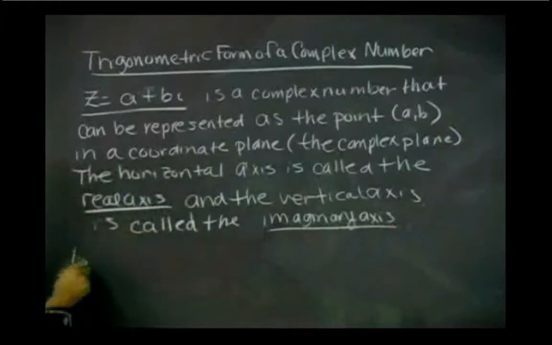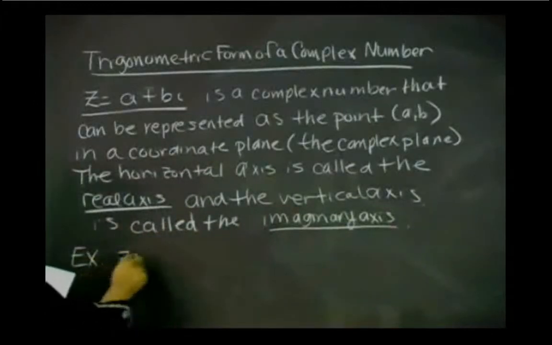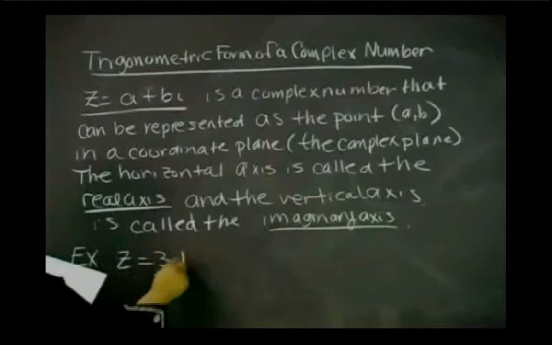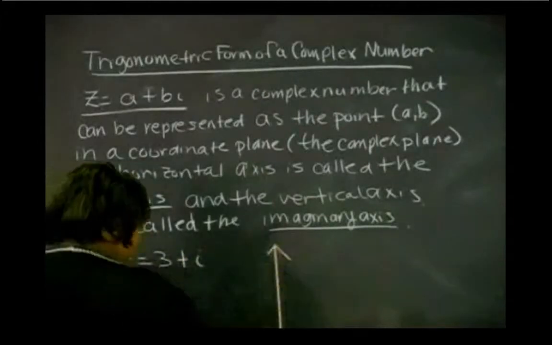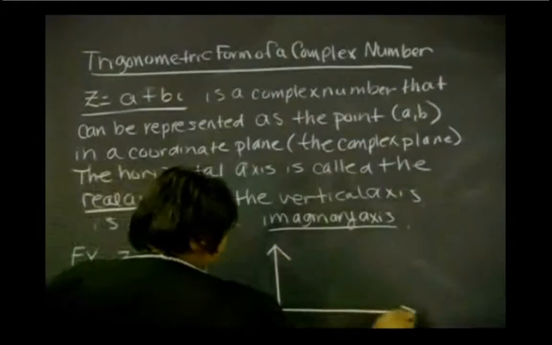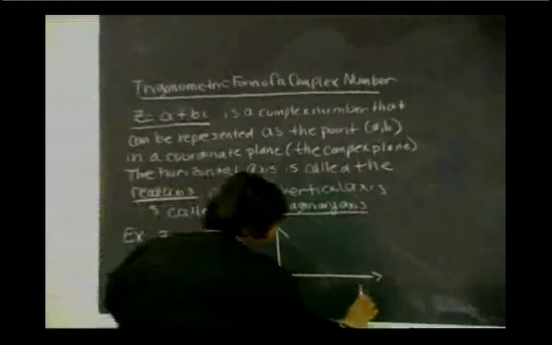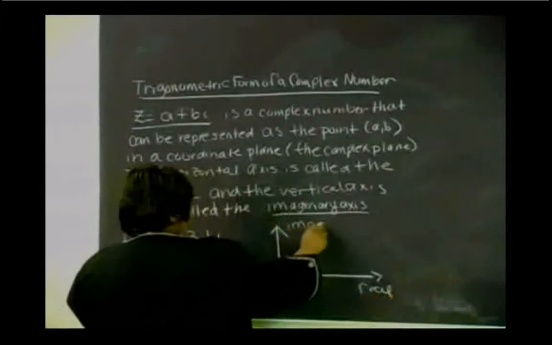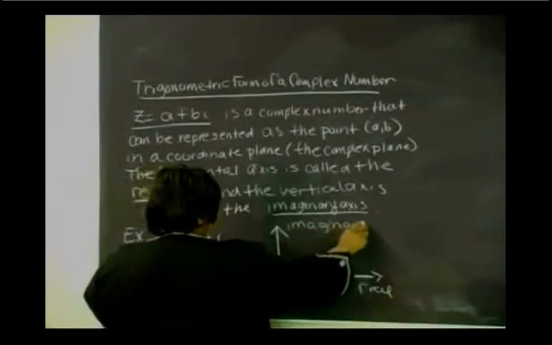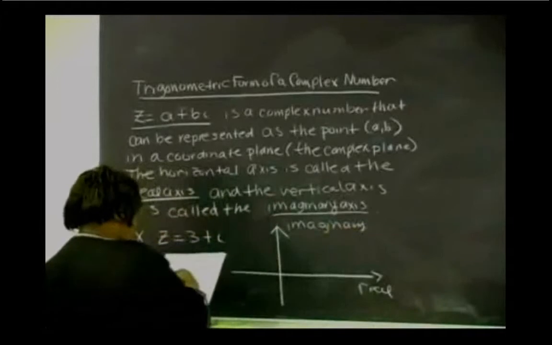For example, if we look at the complex number 3 plus I, and we want to plot this, the horizontal is the real axis, the vertical is the imaginary axis.